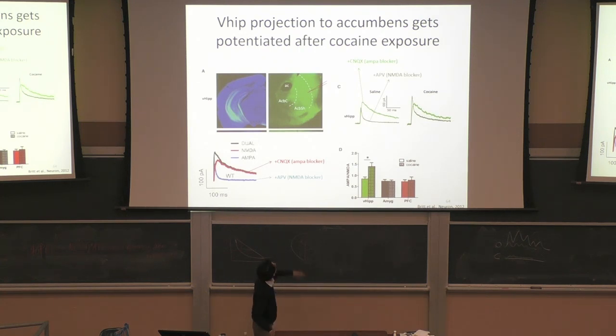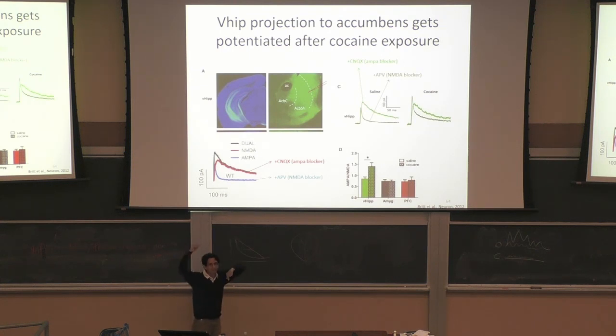Yeah, so this is an important concept. If you excite those terminals, you see this black response, which is the total excitation the ventral hippocampal cells produce when they release glutamate on the accumbens. This glutamate response is caused by AMPA receptors and NMDA receptors, so which one is causing what amount of the response? If you repeat the experiment in the presence of the AMPA blocker, which is in red, the AMPA receptors are blocked, so the remaining response is the NMDA response, which is the red.